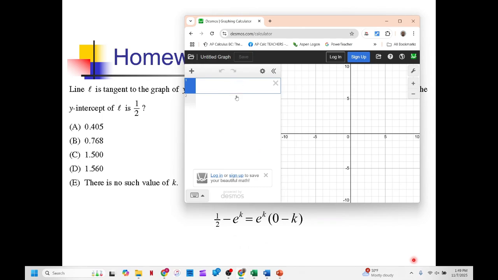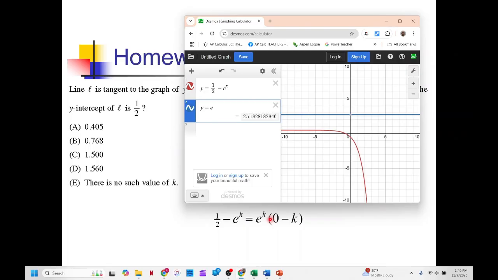Let me write one equation, y equals 1/2 minus e to the, and I'm not going to write k because it's going to ask me to put something in for k. I'm going to use x instead, only because that's what the grapher is expecting as the input variable. And let me also do y equals the second half of the equation, which is e to the x, and then we'll use 0 minus x in there.